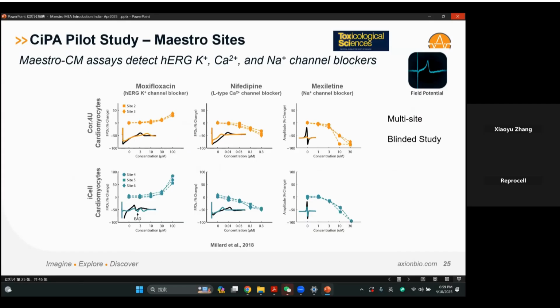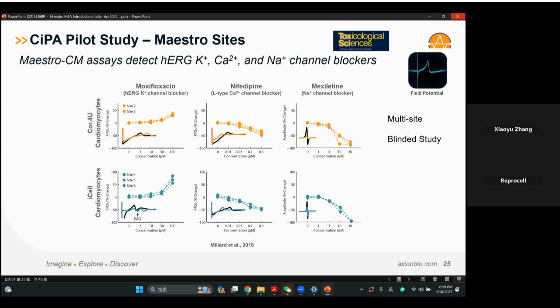A prime example of the Maestro MEA's exceptional performance is demonstrated through the CiPA initiative. CiPA is short for Comprehensive In Vitro Proarrhythmia Assay, which aims to update cardiac safety testing paradigms to more accurately evaluate the arrhythmogenic risk of new compounds.